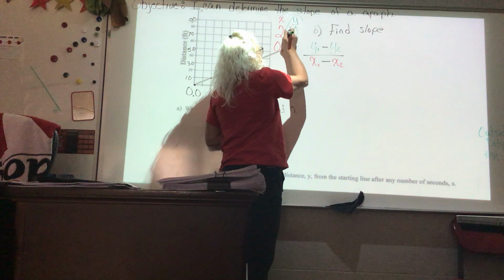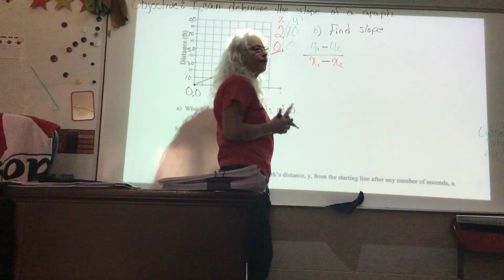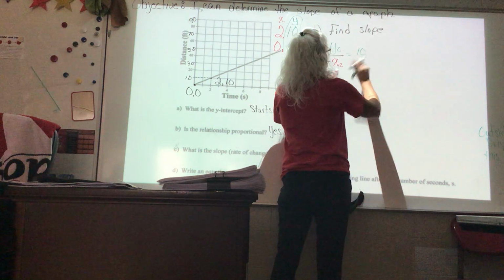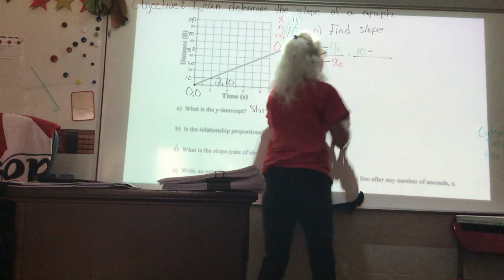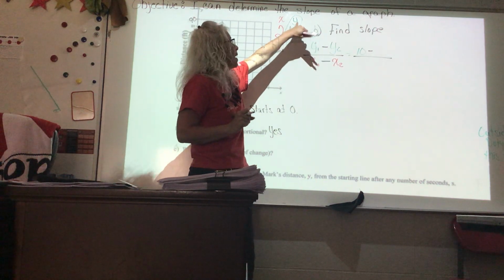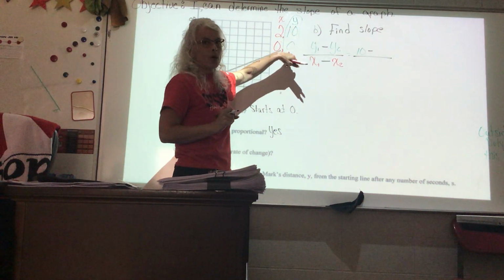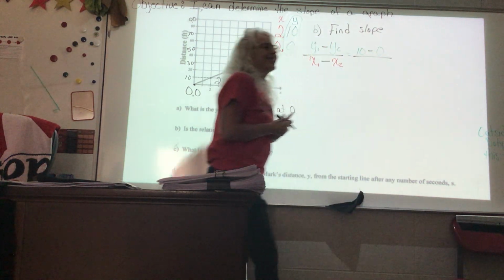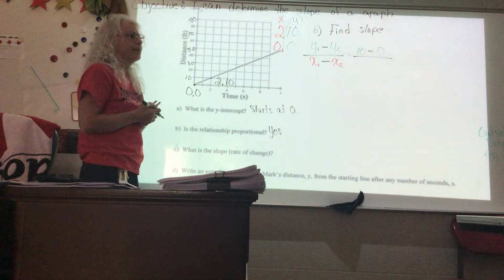Looking at my y column, what is my first y, everybody? 10. So I'm gonna do 10 minus y sub 2, so that means go back to your y column, and what is my second y? 0.